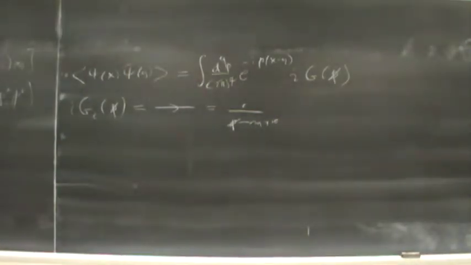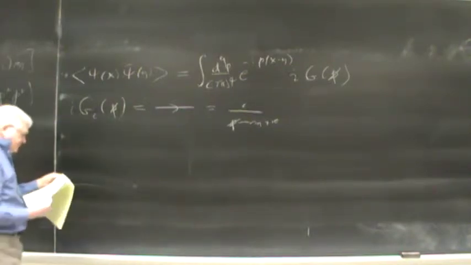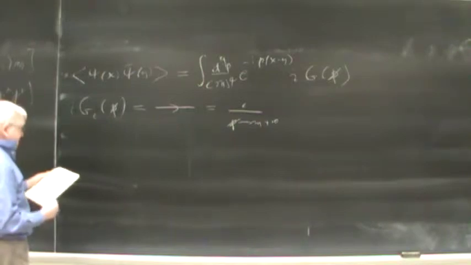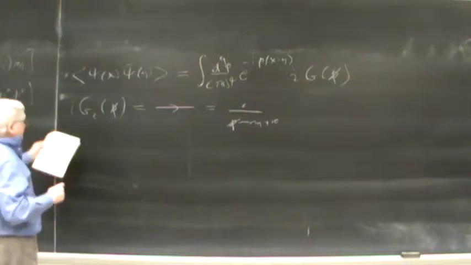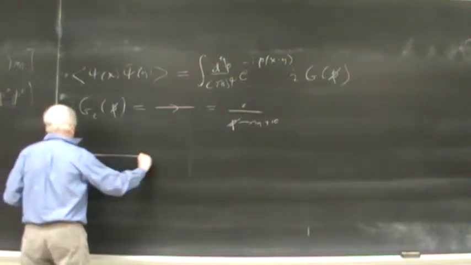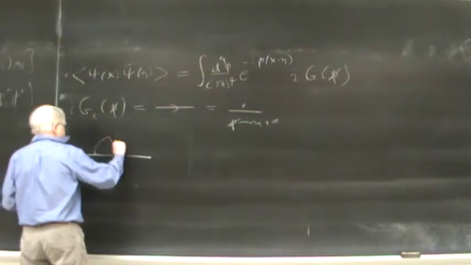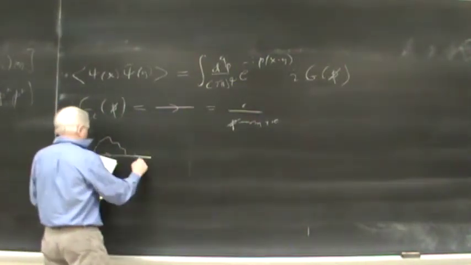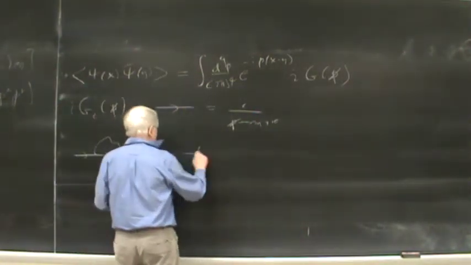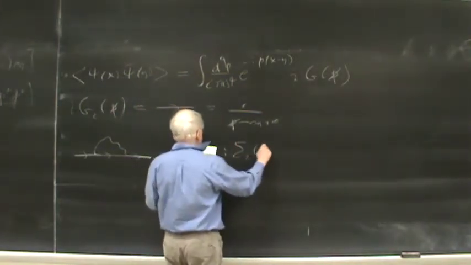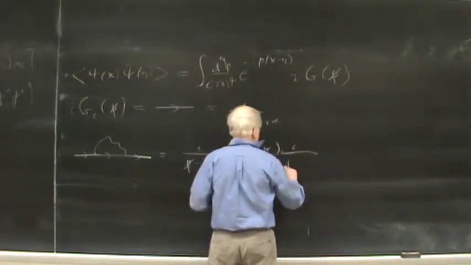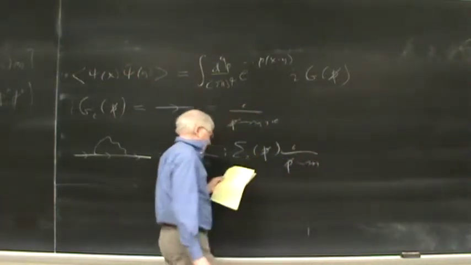Sometimes we're going to leave out the i epsilon, not for any reason, but just because we get tired. Now, there are corrections to this, or let us say, what is the one loop one? Well, the one loop one, there are two terms. There's this term, which we've computed in the past, and we're going to write this as i over p-slash minus m, i sigma 2 of p-slash, i over p-slash minus m, and I've left out the i epsilons.